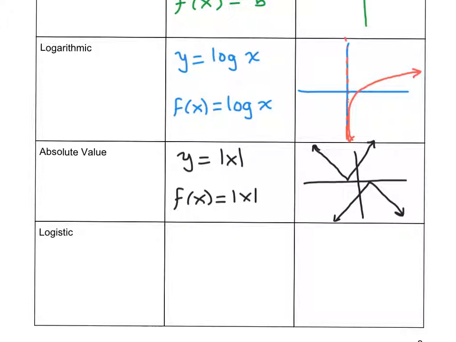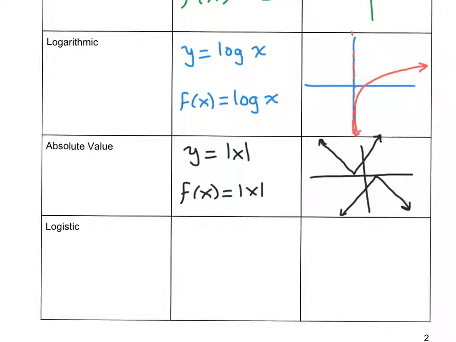The next one we're going to look at is what's called the logistic family. Logistic growth is a very slow growth, and the equation for logistic growth is y equals 1 over 1 plus b to the negative x. And again, b could be any number, kind of like the exponential. b could be 2 or 1/2 or 3 or whatever you want.